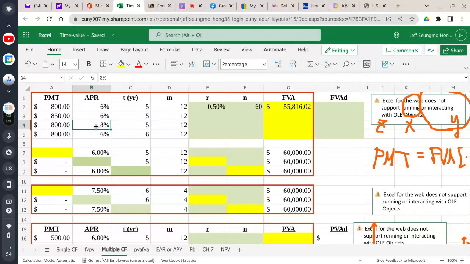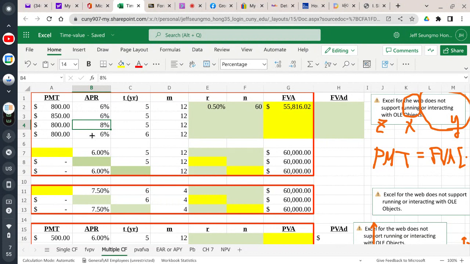Another is to find a bank that pays a higher interest rate. But can we realistically find one? Probably not, because banking is a very competitive industry. From one bank to another, the interest rate doesn't vary that much. You can find a bank that pays 6.5%, but that's already a big deal.